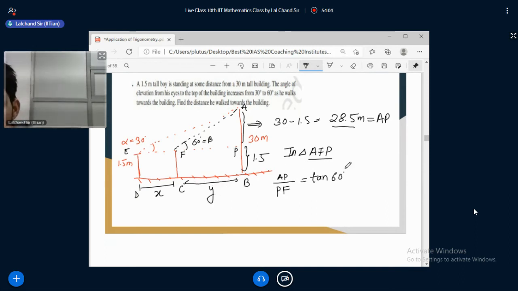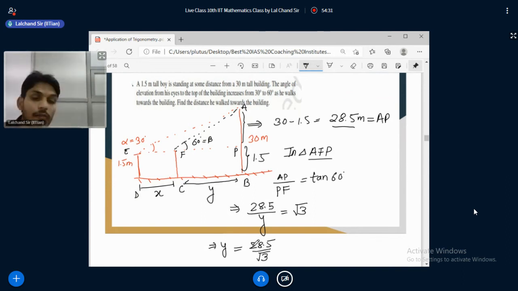Okay. So if we substitute all values in this given equation, then finally we have 28.5 divided by y is equal to root 3. So the value of y will be 28.5 divided by root 3, isn't it? This is the value of y.